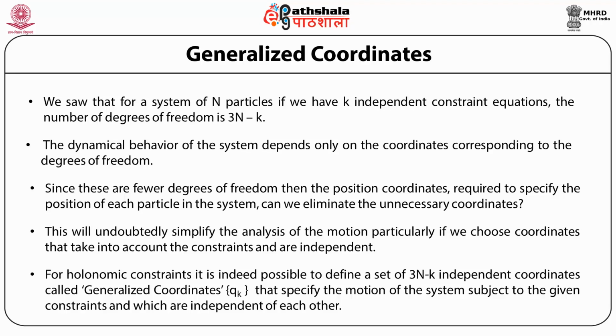Then for the holonomic system, it's indeed possible to write down the Cartesian coordinates r1, r2, etc. The Cartesian coordinates required are 3n, n being the number of particles in the system.